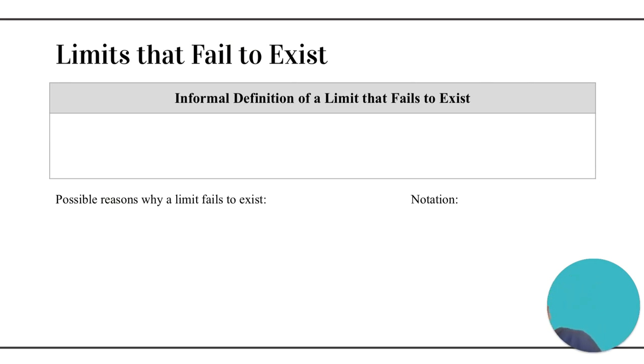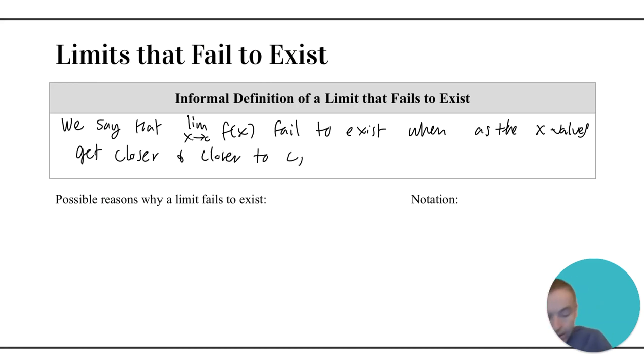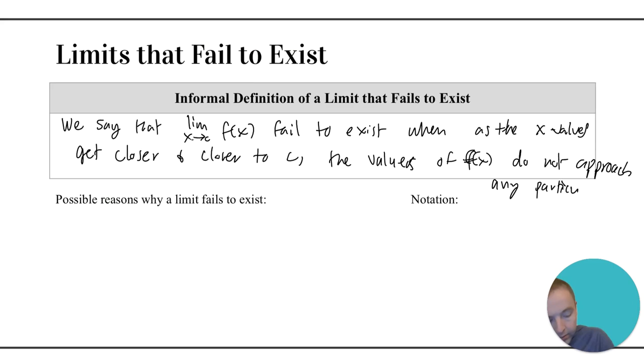So to just define this, we will say that the limit as x goes to c of f of x will fail to exist when, as the x values get closer and closer to c, the values of the f of x do not approach any one particular value, right?